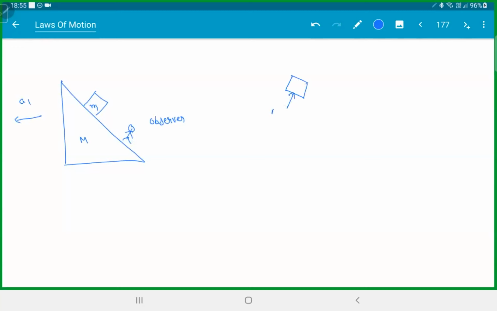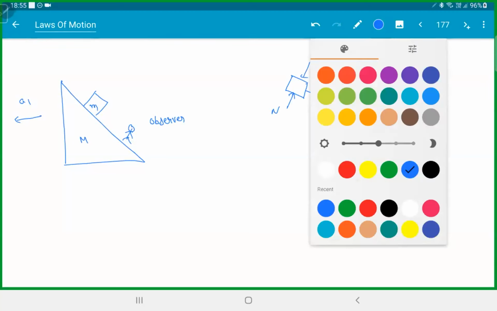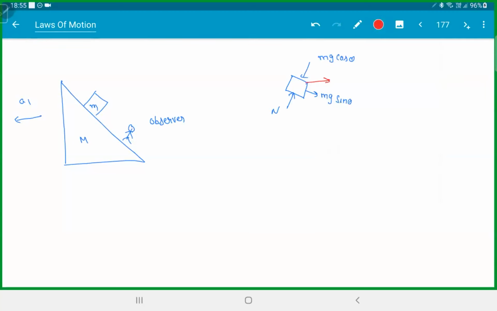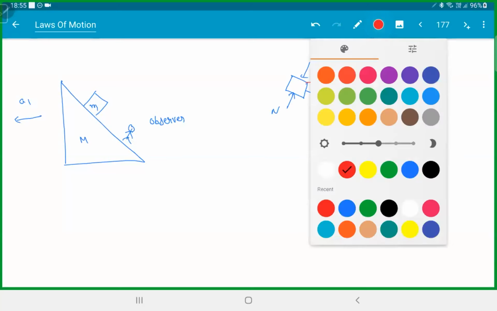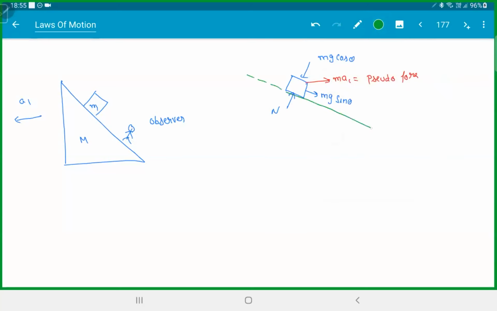So he will simply say normal reaction, mg sine theta, mg cos theta. Since I'm accelerating, this thing will be mass into A1, pseudo force. And since I'm on the incline, I will think it is only going this way, acceleration A2. The observer thinks the block is sliding along the incline. That's it. Write the equations and finish it off.